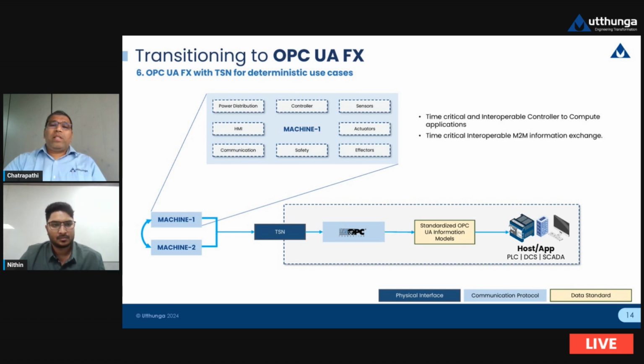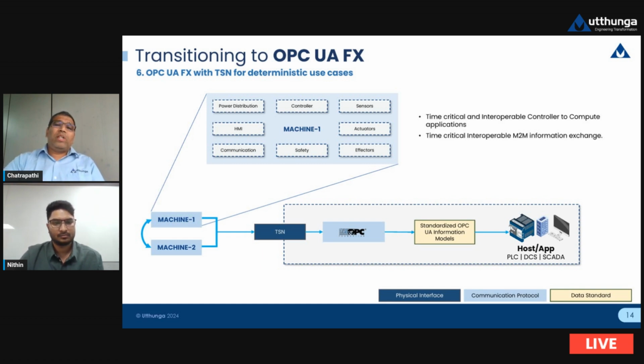There are several resources and accommodations being provided as part of the technology specification, which allow you to have hybrid networks and hybrid infrastructures where components supporting OPC FX, TSN, and OPC FX over TSN can coexist with the rest of the systems, work as a subsystem, and integrate to the rest of the systems.